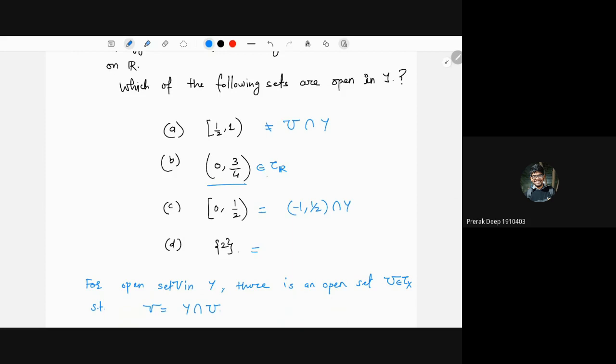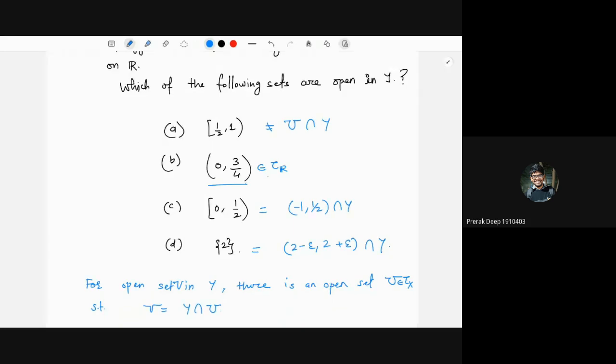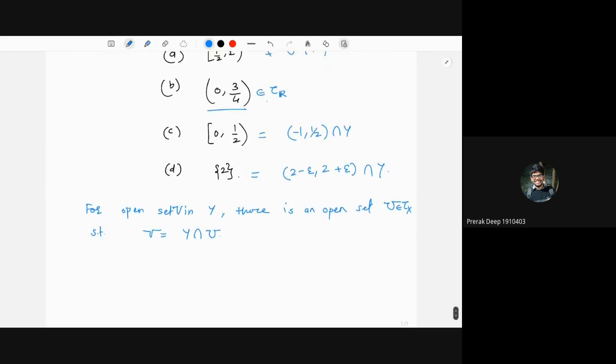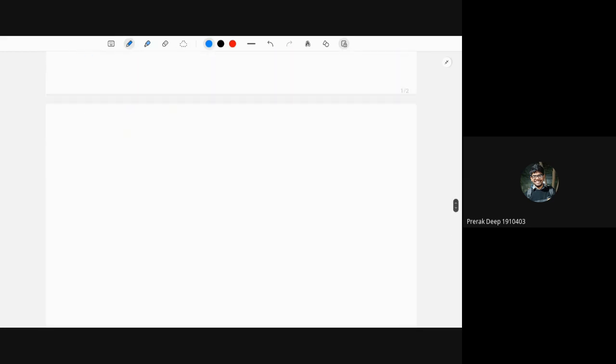And for any smaller subset, for example 2 minus epsilon to 2 plus epsilon, the intersection with Y will give the corresponding set. So this is the solution for the first question.